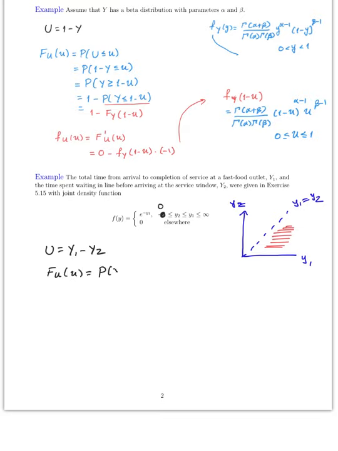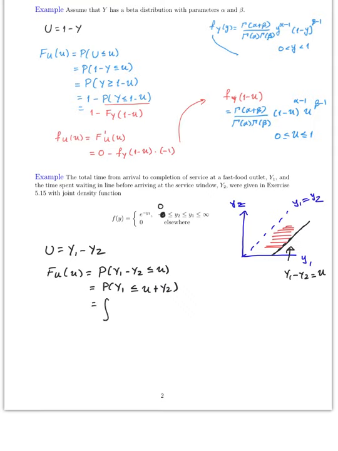This is the probability that y1 minus y2 is less than or equal to u, which is the same as the probability that y1 is less than or equal to u plus y2. Also notice that here we need the line y1 minus y2 equals u.